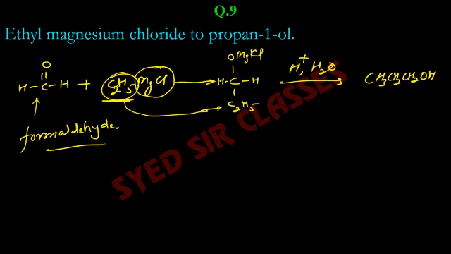So ethyl magnesium chloride reacted with formaldehyde gives the intermediate, and after acidic hydrolysis you get propanol, or propan-1-ol. Good. You have to memorize all these conversions.